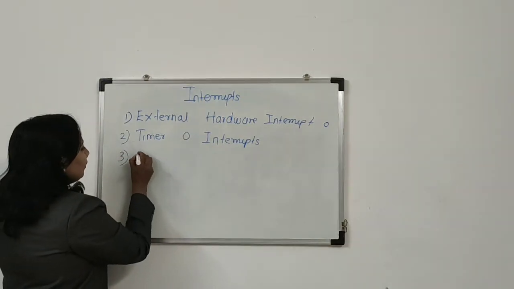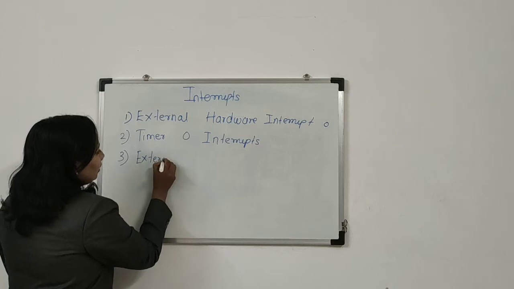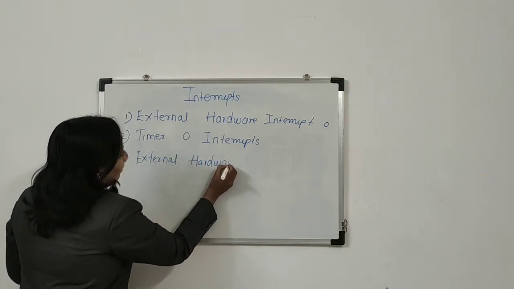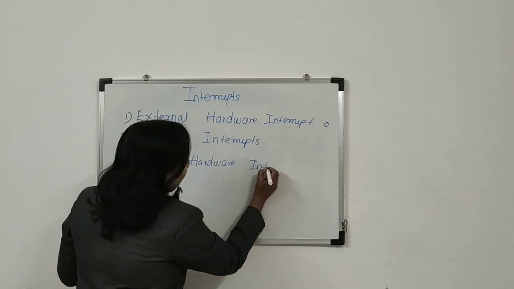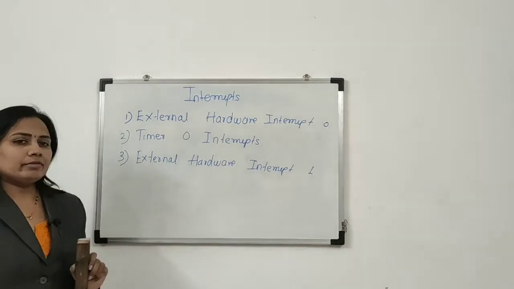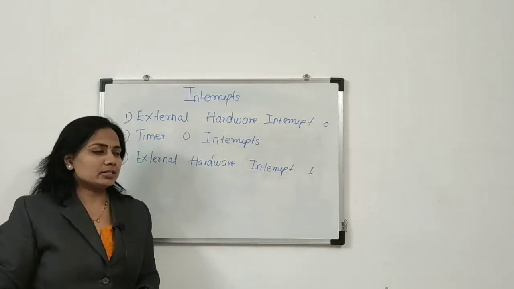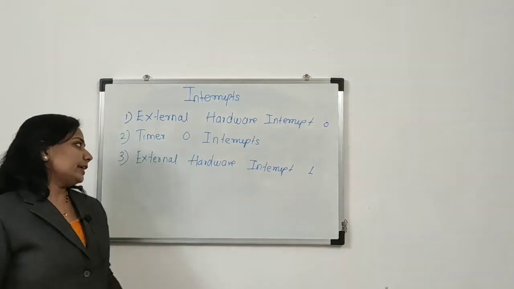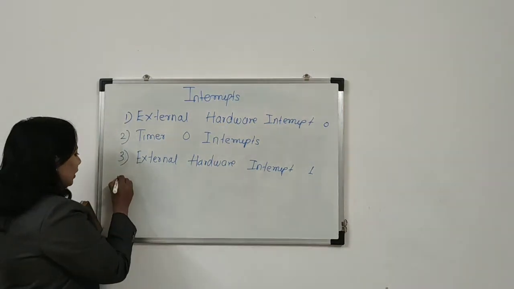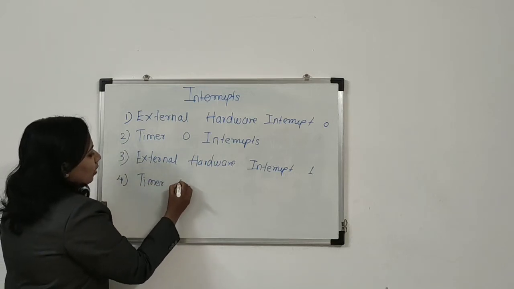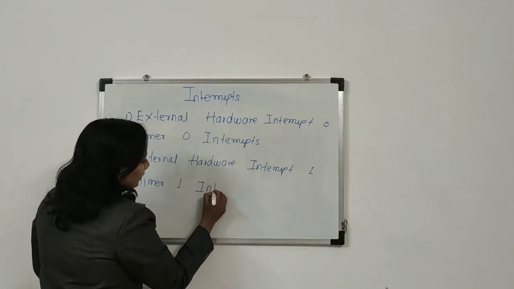Then we have external hardware interrupt 1. So whenever we have external hardware which acts as external hardware 1, that interrupt is treated as external hardware interrupt 1. Then we have timer 1 interrupt.